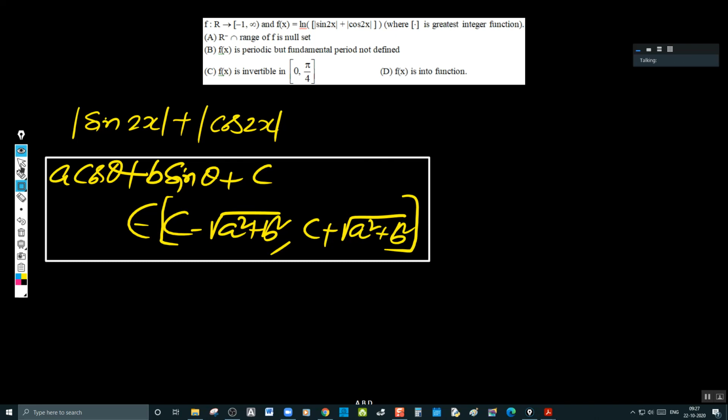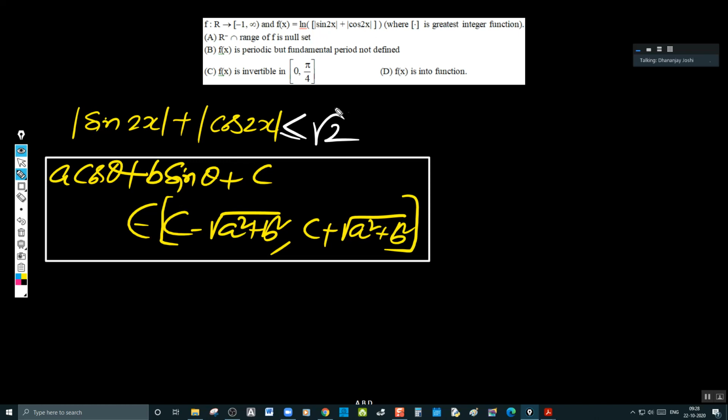Yes. But it cannot be 0. Yeah, it cannot be 0. That means it is less than or equal to root 2, if you write the same formula here. Okay. So when you substitute that here, log of it is always greater than 0.